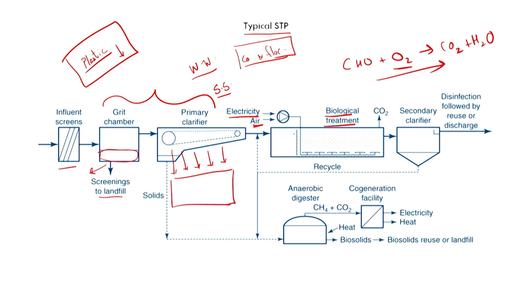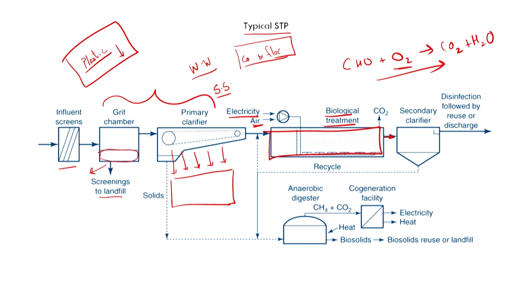So what do we have here? Aerators, and then the reactor, where retention time can be 8 hours, 10 hours, 6 hours or such, depending on the type of system. And then the secondary clarifier. The microorganisms which feed on this waste change into different kinds.